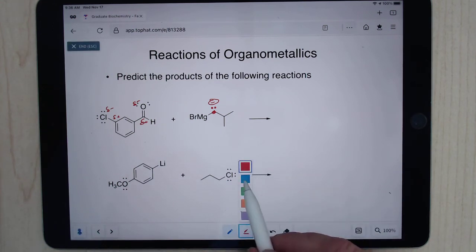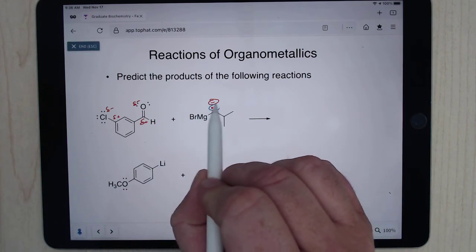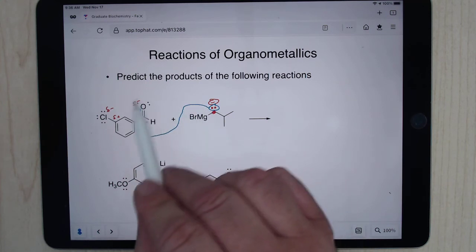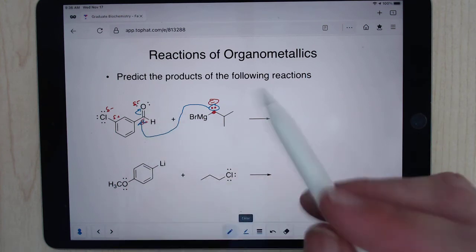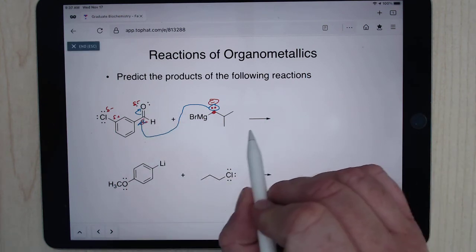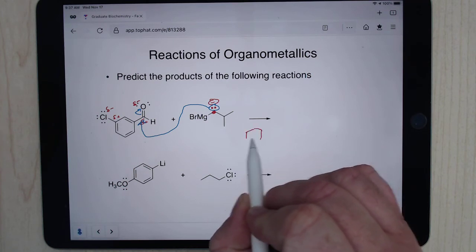So that means this group is going to attack here, attack there, push that up, and then this is going to become the O-, which then becomes an OH during the workup. Right? So let's go ahead and put this intermediate in here.